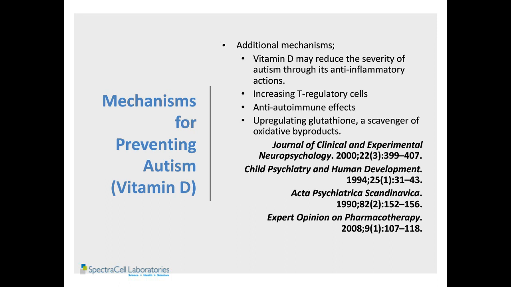It modulates the system. And once again, you can see the upregulating of glutathione, a very powerful antioxidant that we know is very important for the central nervous system protection, and vitamin D may play a role in there as well. And of course, I've cited some pieces of literature where this particular information is extracted from.